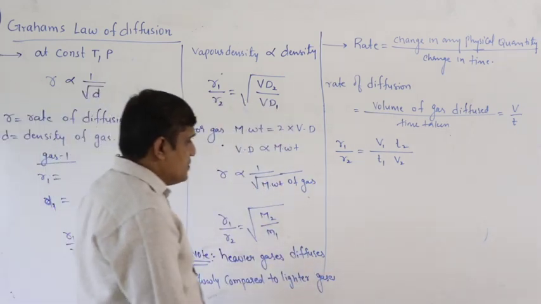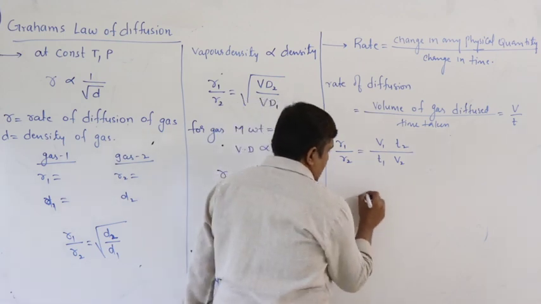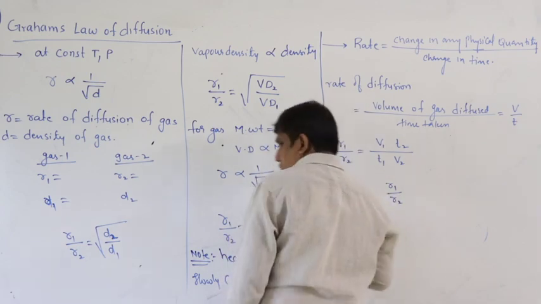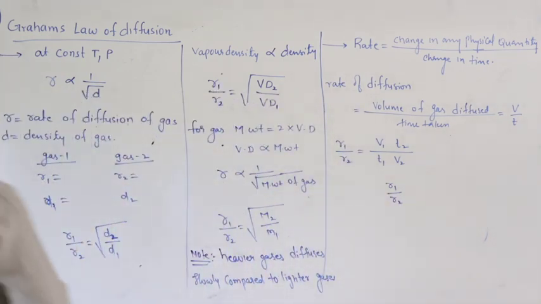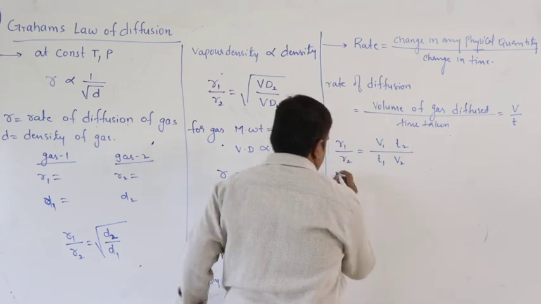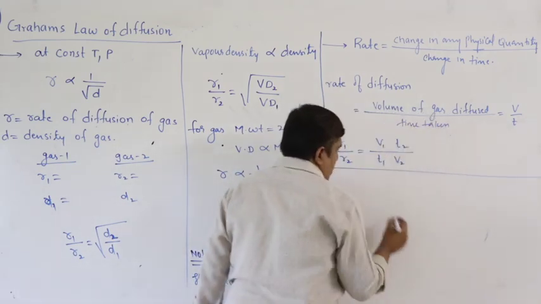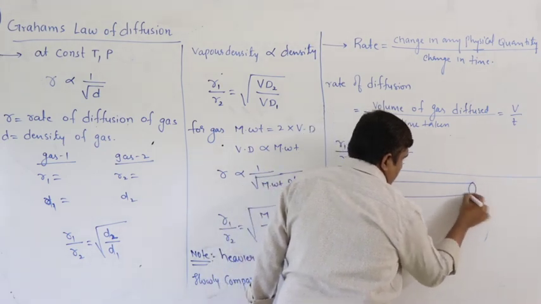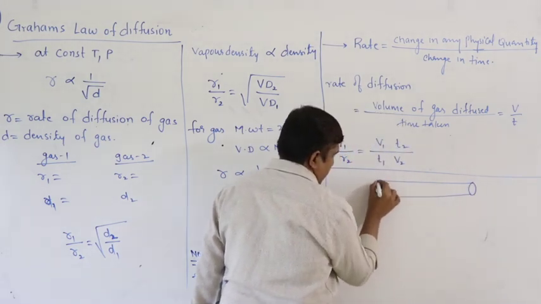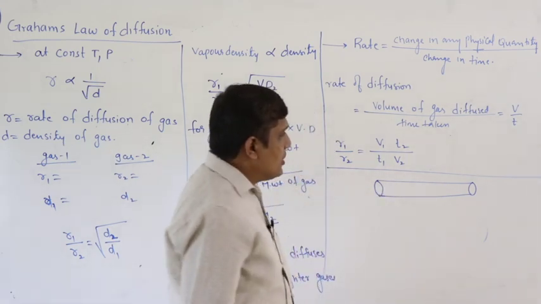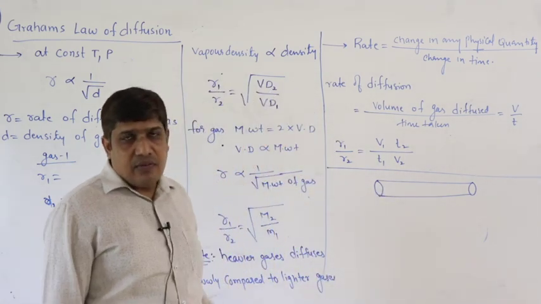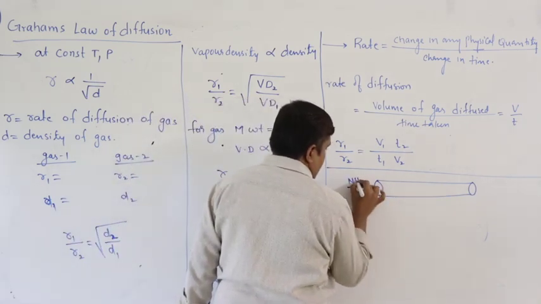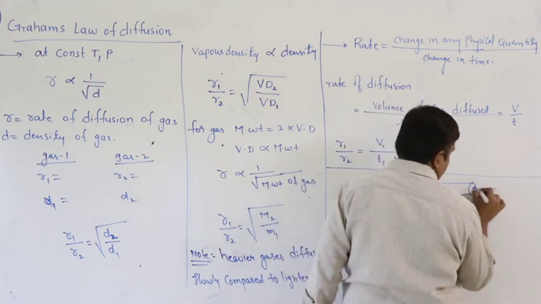The most common question which they ask is using this relation R1 by R2, or you can write like this. So they take a narrow tube like this. We introduce different gases which react from opposite ends. For example, usually ammonia here and HCl from this side.